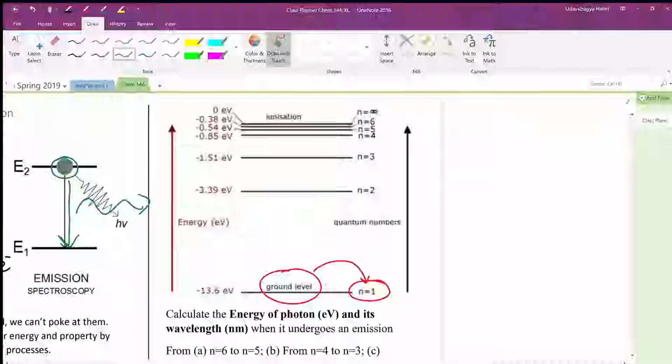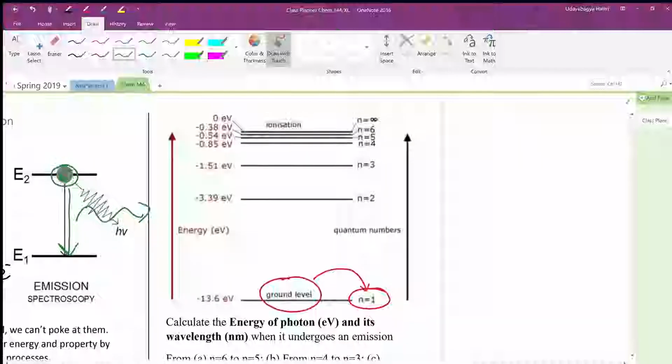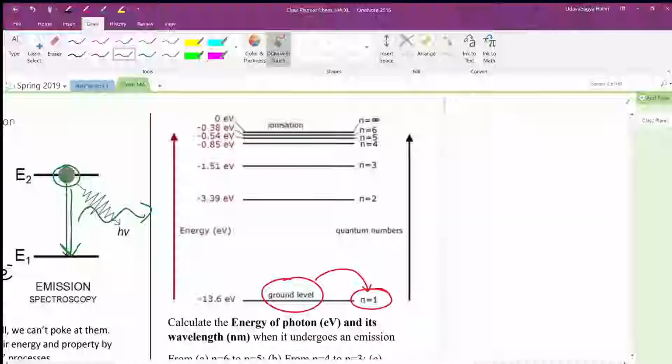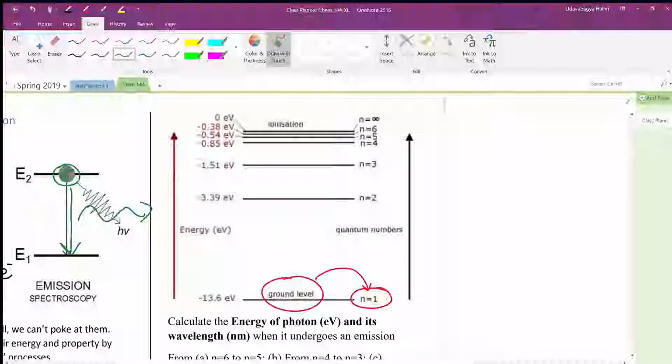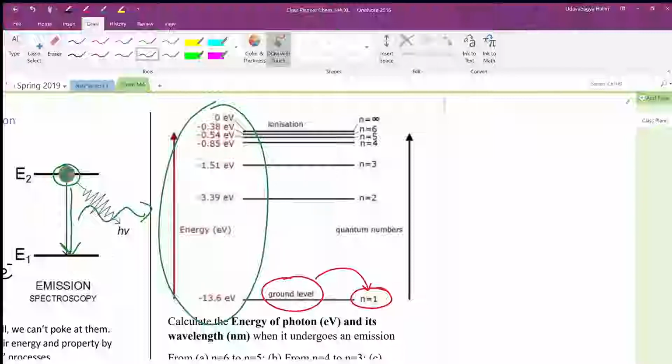Majority of the time, you'll see a graph that looks something like this, where if you're doing your own independent research, or if you're looking at the characterizations of particular molecules or atoms, these are the kind of scales that you'll see. And one of the reasons why I mentioned electron volt as the unit to be familiar with is because most of the tables are going to be written in terms of electron volt. The reason is pretty straightforward, because 1 electron volt is 10 to the negative 19 joule-ish.